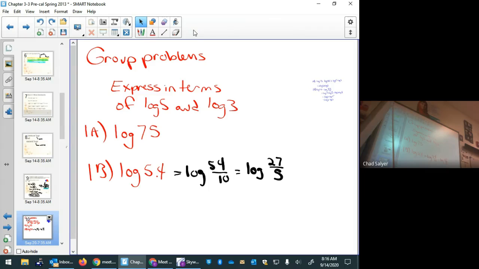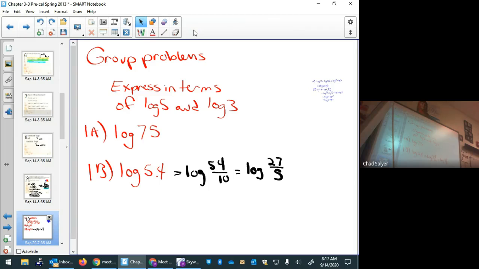And then the squared. And then the log here. That's okay. There you go.